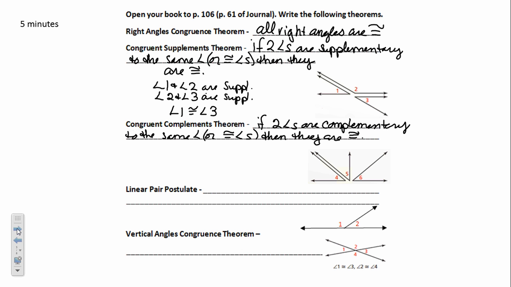Remind me, what does complementary mean? Angles add up to 90 degrees. So in this example, 4 and 5 are complementary. And 5 and 6 are complementary. So 4 has to be congruent to 6 by the congruence complement theorem.